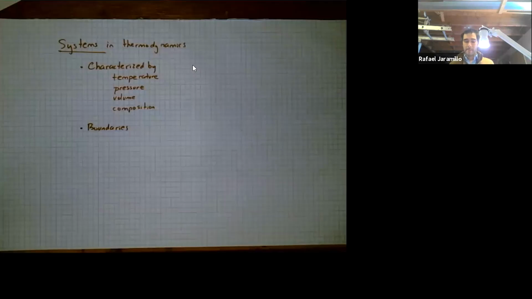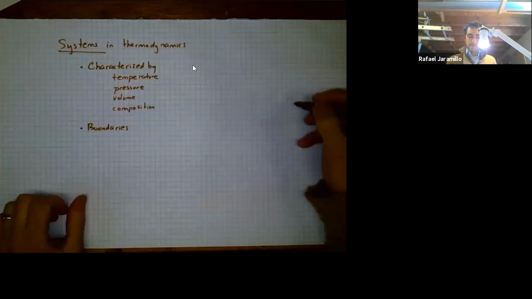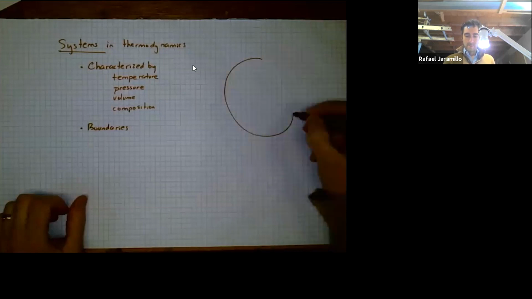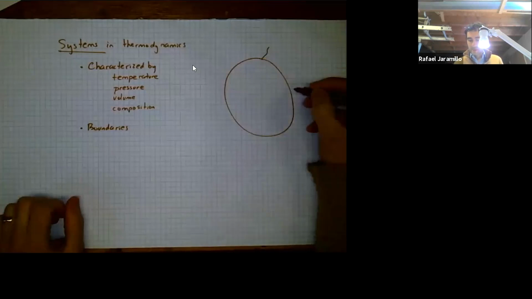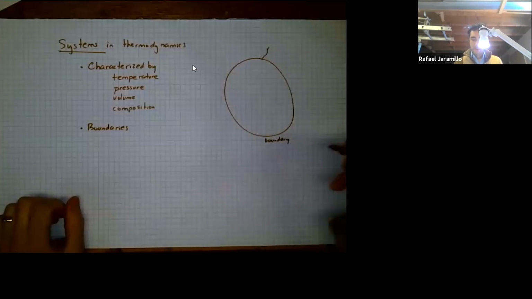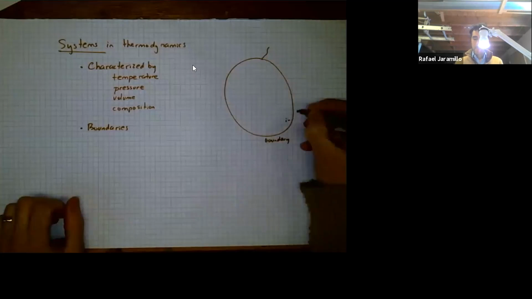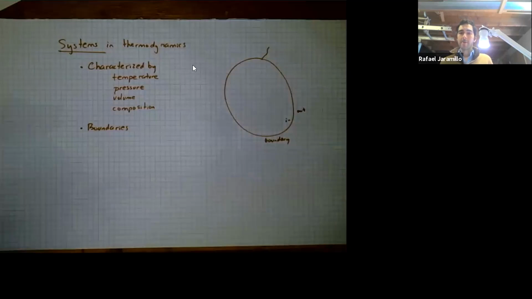Okay, so here's an example. Here is a balloon. Here's a boundary. This is in, and this is out. All right, so let's say we want to calculate some properties of the gas inside of this balloon.